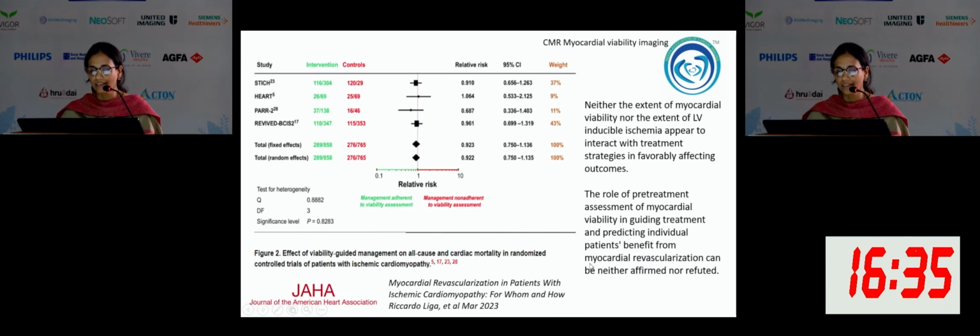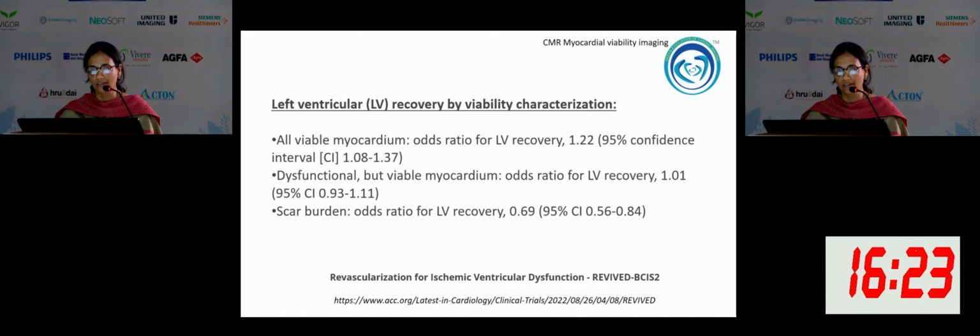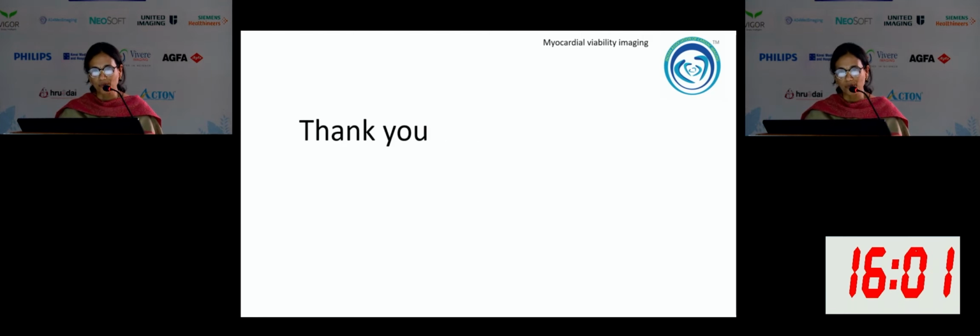At present, from all the trials, this meta-analysis is saying that it cannot be either affirmed or refuted at the moment. But in this same trial which Sir had spoken about, even though there was viable myocardium, they did not show much correlation with recovery; the scar burden did have some negative correlation with the outcomes. So if not viability, maybe the scar burden will also help in future. Thank you.